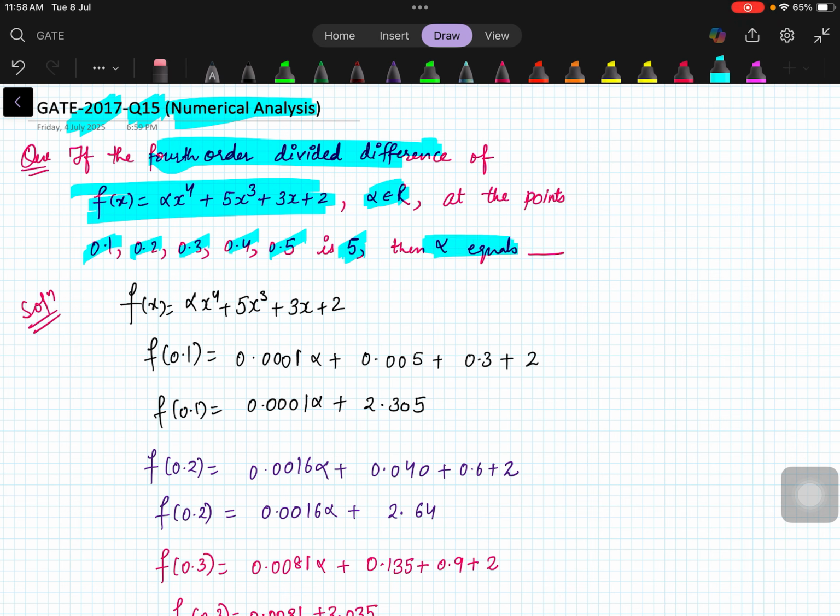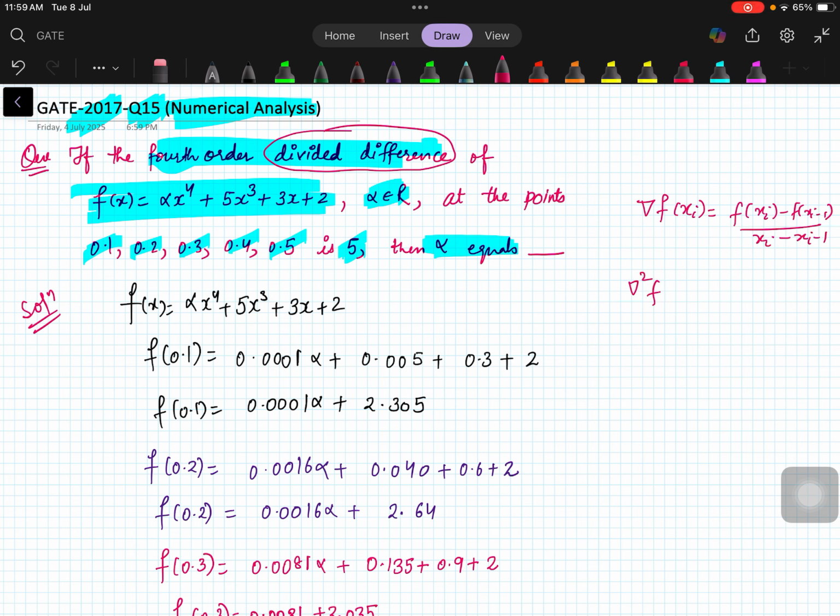So you should know what are divided differences and how we calculate them. For divided differences, basically we make a table, where we have, for example, the first order divided difference, that is f of xi minus f of xi minus 1 divided by xi minus xi minus 1.